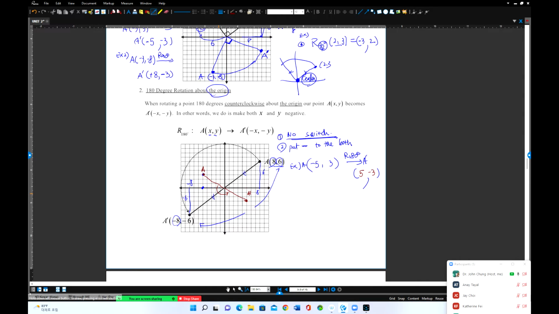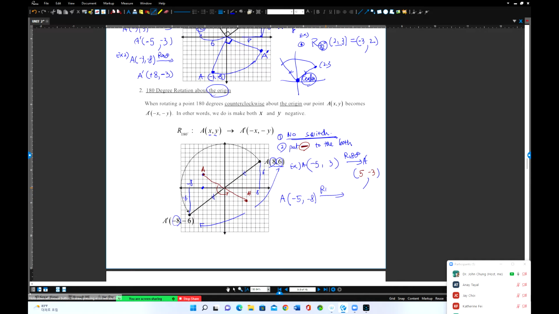Any questions? When you rotate 180 degrees, no switch, but we change the signs: positive to negative, negative to positive. That means we put a negative sign on both numbers. One more example. I have a point (-5, -8).